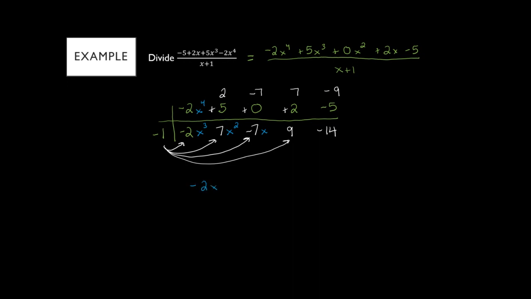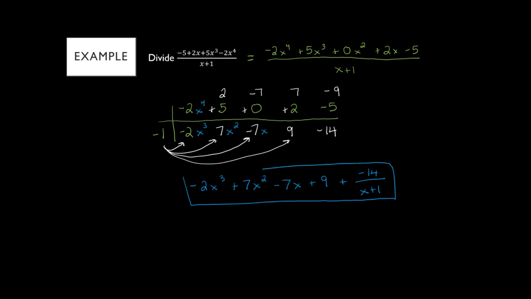So I get -2x cubed plus 7x squared minus 7x plus 9, and then that last part is my remainder, -14 over x plus 1, since I divided by x plus 1. Any questions?